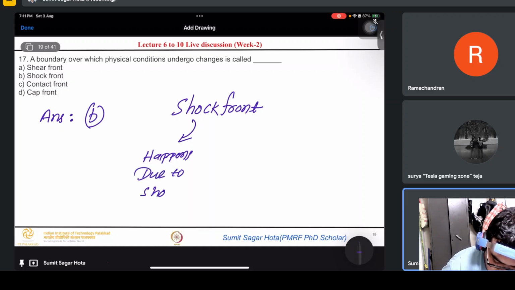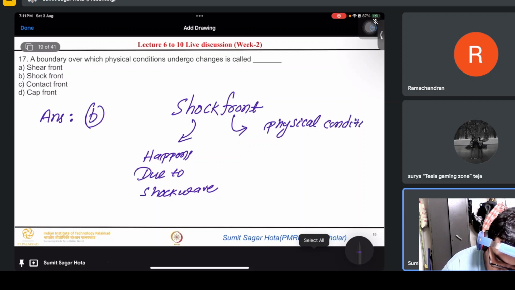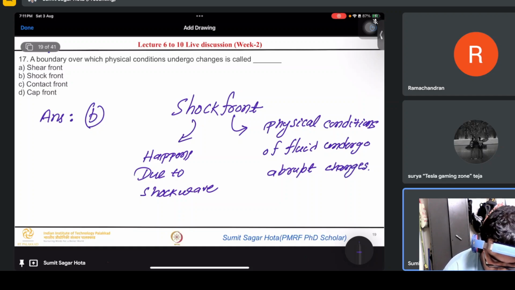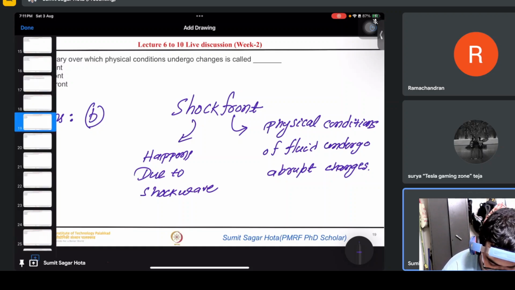Shock wave. Okay, so this is a shock front.